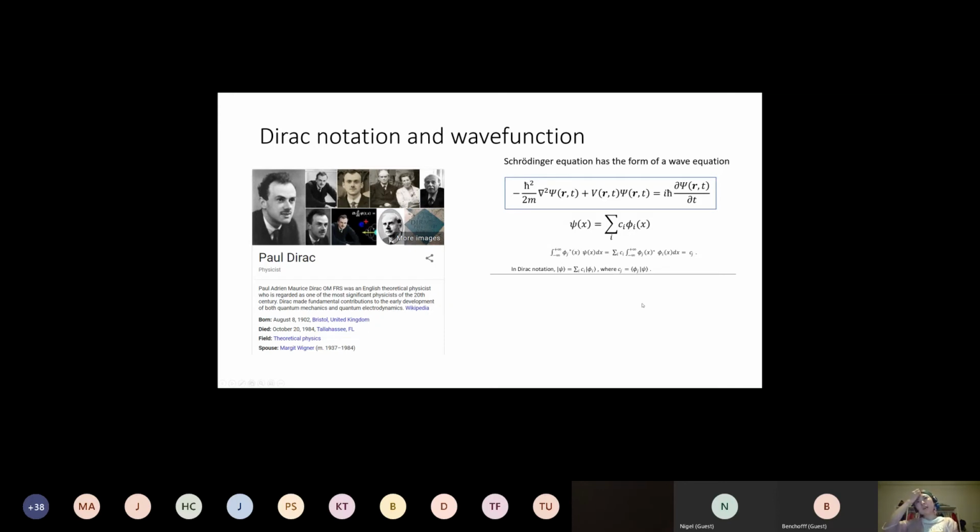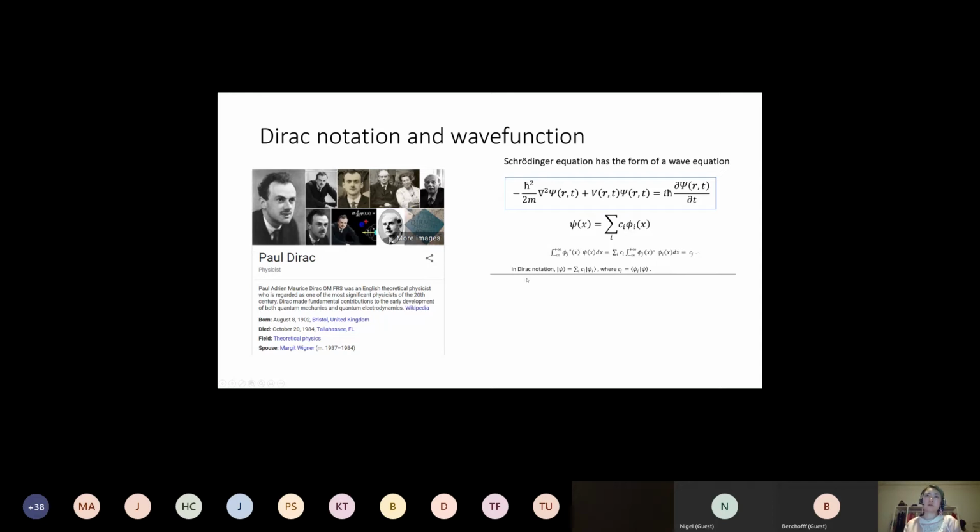And Dirac comes along and tries to simplify things because a wave function can be really long, and you can write these amplitudes in terms of the overlap between one possible outcome and the overall wave function. And that's how you can calculate what the amplitude would be.